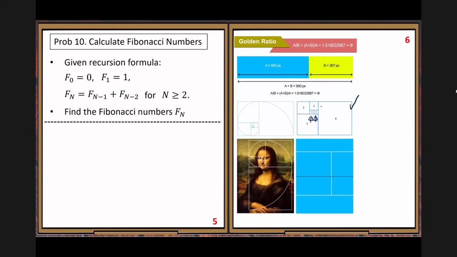Then you pack the next one, a square with side 3, and you can fit them in a perfect way, and so on. Every time you can add a new square with the next Fibonacci number as its side and join it with all the previous squares to form a perfect rectangle.